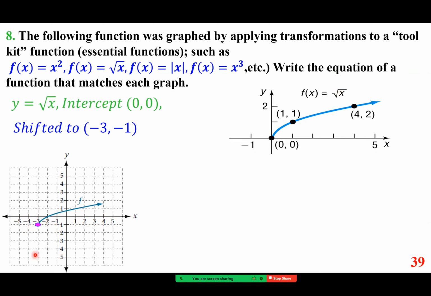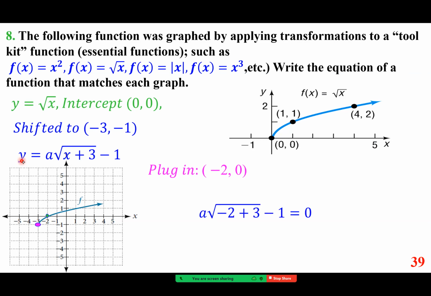And then we moved it 1 unit down. That means -1. And again, we're going to put an a here because we don't know if we did the stretch or not. And so we pick some easy point and we plug in. For example, we can clearly see this point located at -2, 0. So replace the x with -2, replace the y with 0, just to make sure we know what a is.